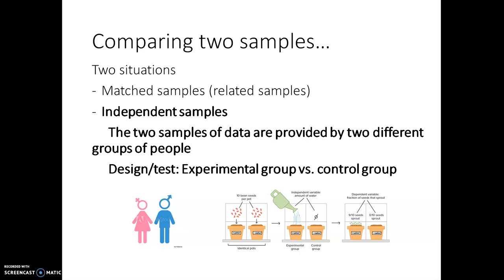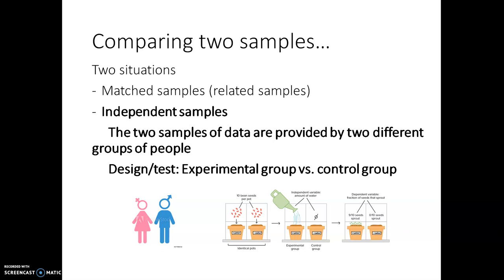So we have a group of subjects. It could be people, it could be some other stuff. This group of subjects will provide two data points, and we want to compare whether these two data points are significantly different from each other or not. So basically, we are making comparisons within each individual.